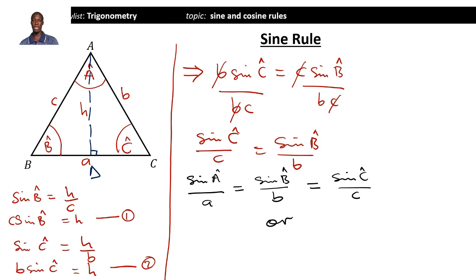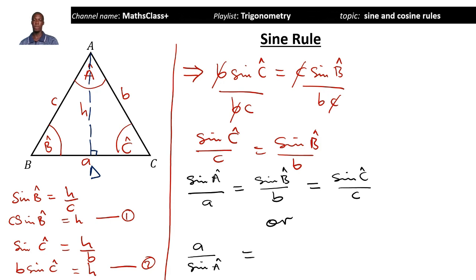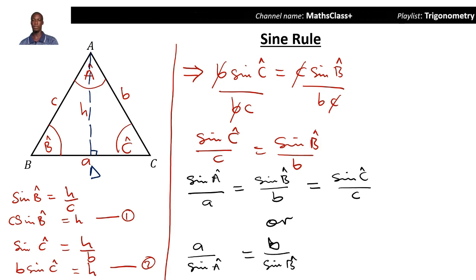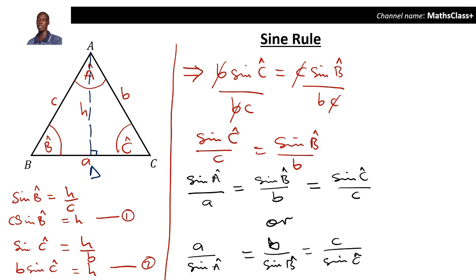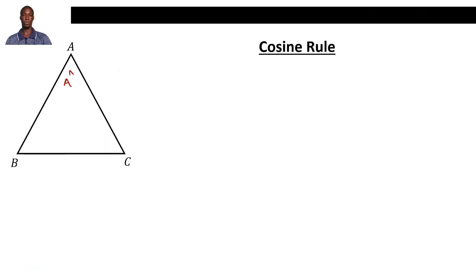So we can rewrite it as the side over the sine of the angle. So this is the sine rule.